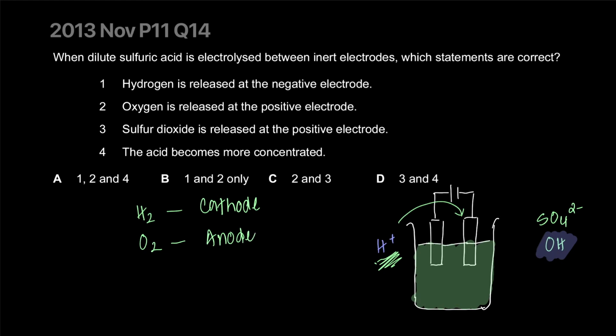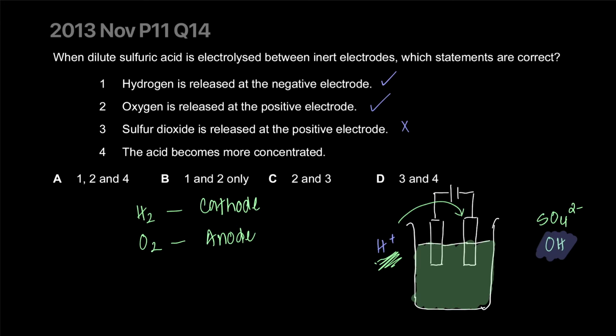So let's see what the question is trying to ask. Hydrogen is released at the negative electrode? Yes, that is true. We've already written that down. Oxygen is released at the positive electrode? That's also true, isn't it? Sulfur dioxide is released at the positive electrode? Well, no, because it's not.